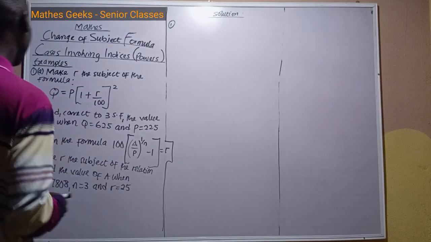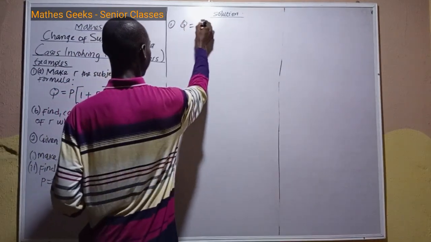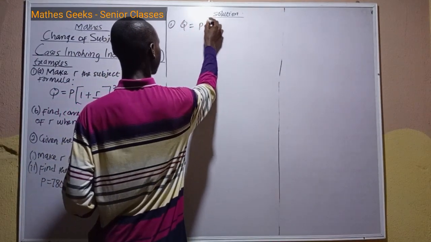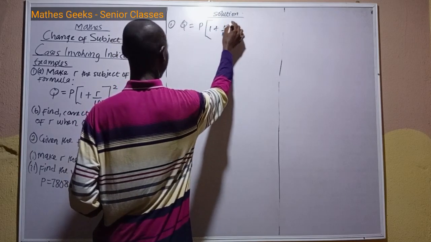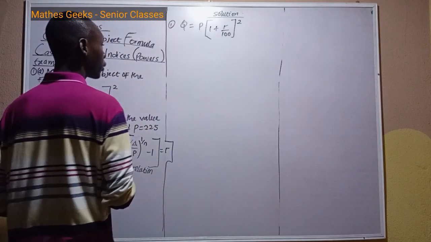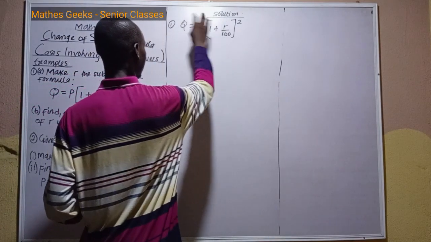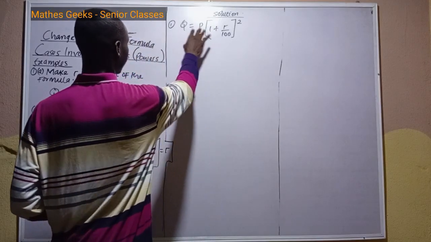Make R the subject of the formula Q equals P times 1 plus R over 100 all squared. We want to make R stand alone. So the first thing we need to do is remove P from here.